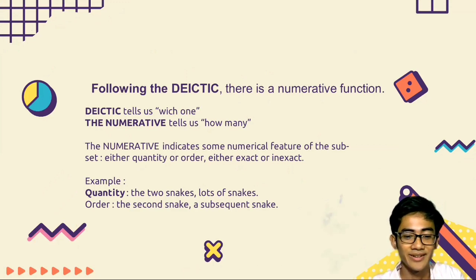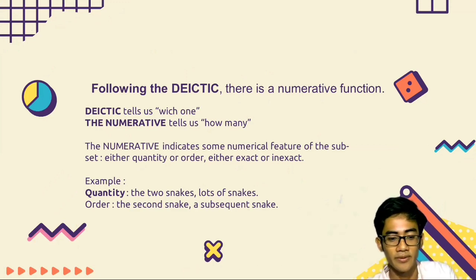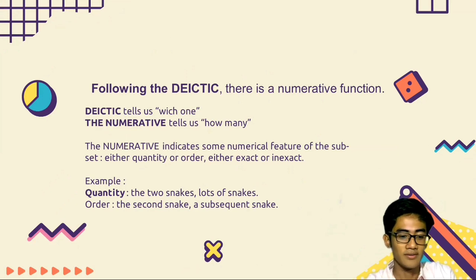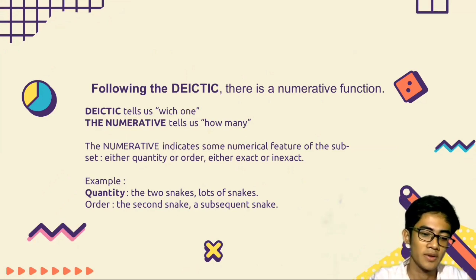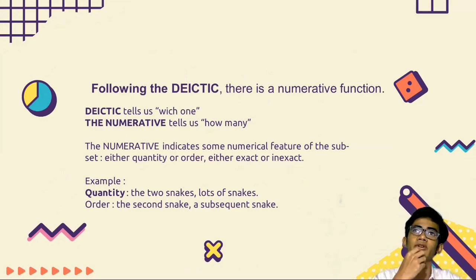Following the deictic, there is a numerative function. This is different from the deictic. Numerative tells us how many, while deictic tells us which one. For easier understanding, just remember that if it includes numbers, then it belongs in the numerative category.